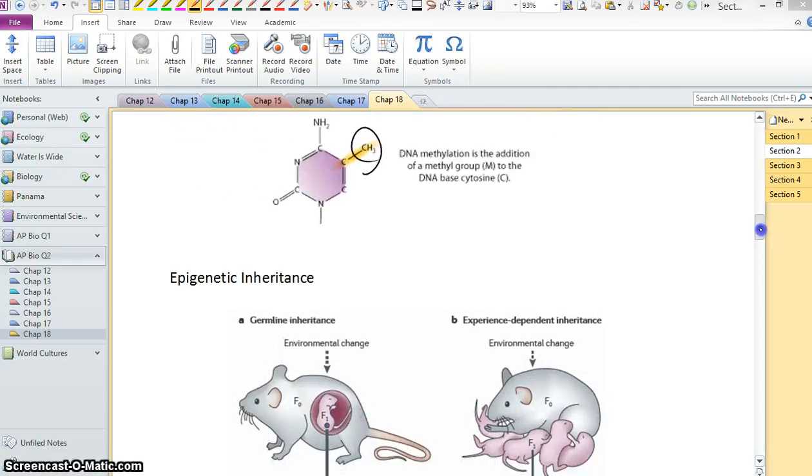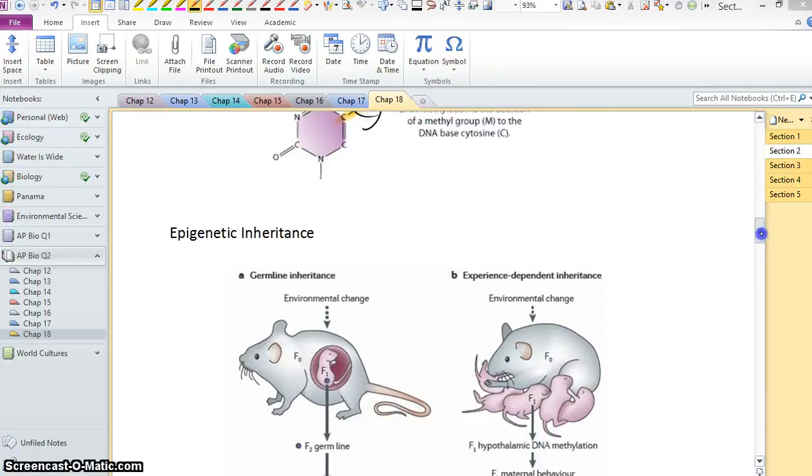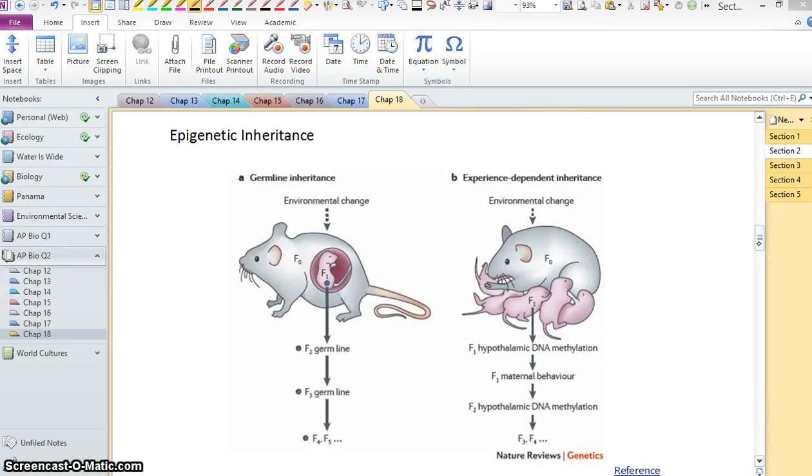And this process, particularly DNA methylation, is relevant to this phenomenon called epigenetic inheritance. It's where the genome gets modified in a way that can be inherited that is not due to, say, a mutation of a gene, a mutation of the DNA.